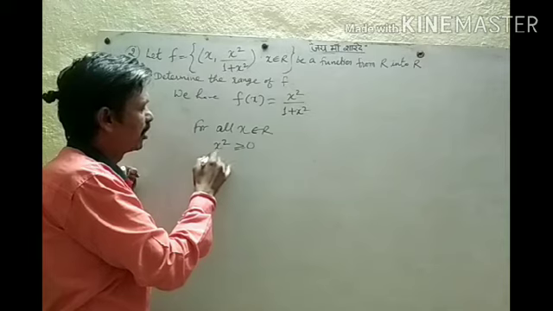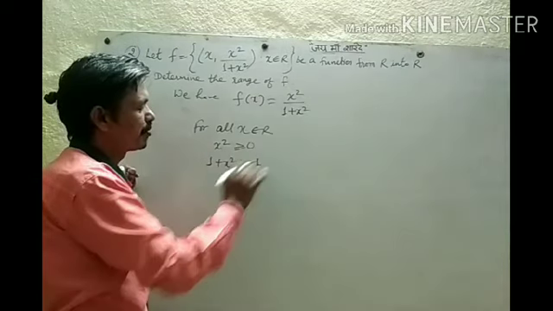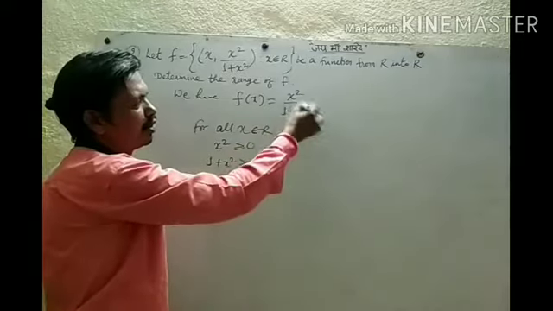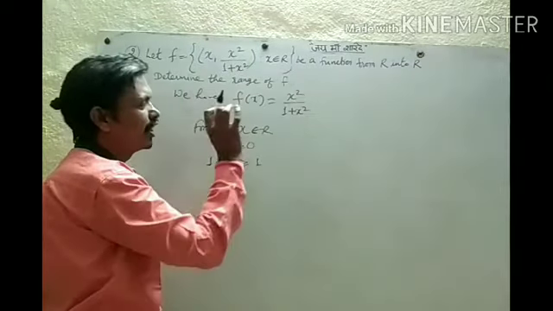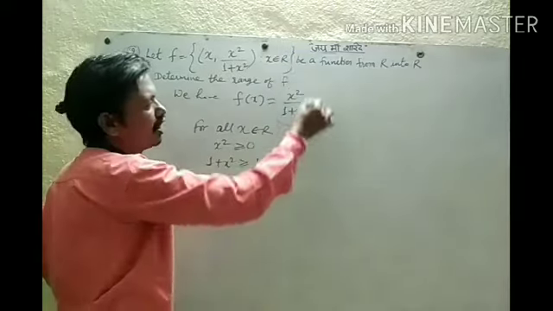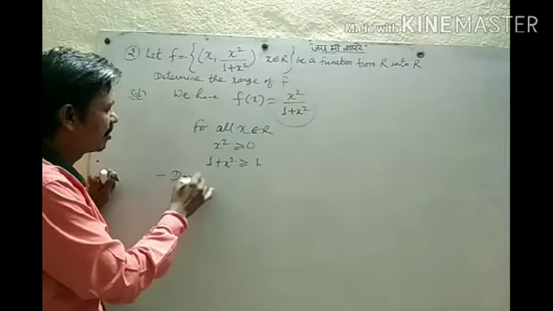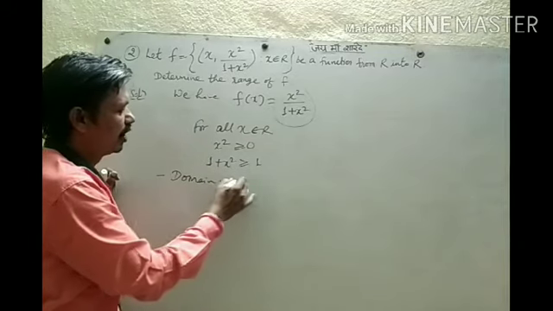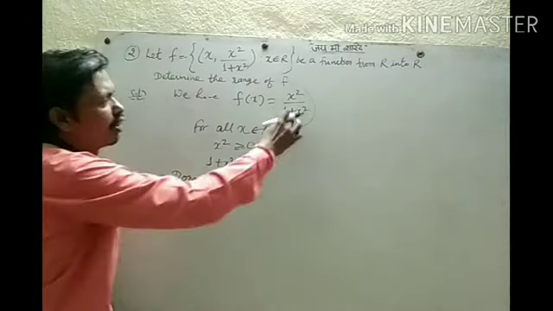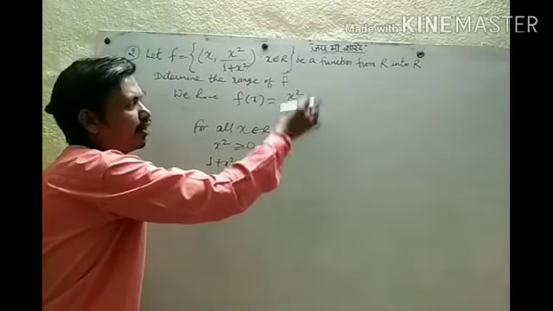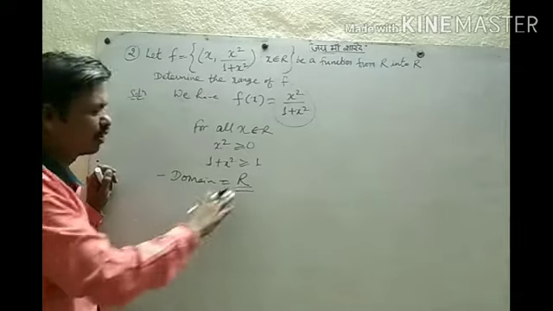So 1 plus x square will be at least 1 only, so it cannot be 0. Means we can find for each and every real value of x, the value of x square upon 1 plus x square. It means the domain is the set of real numbers only. It cannot be 0. For every x it is defined. So clearly the domain will be the set of real numbers.